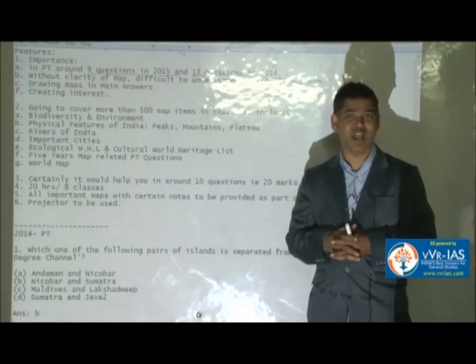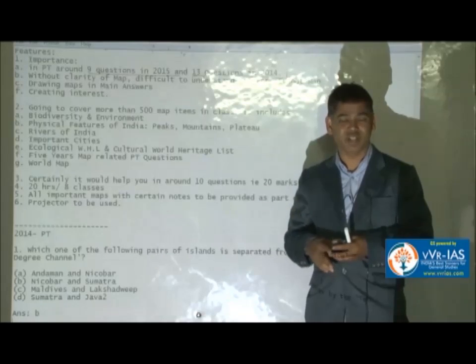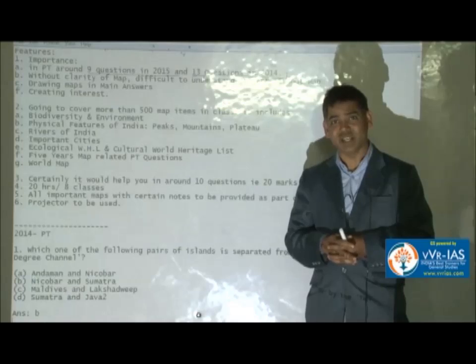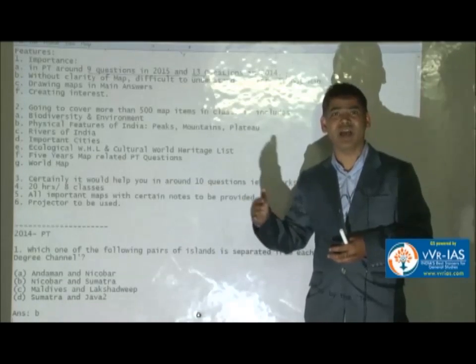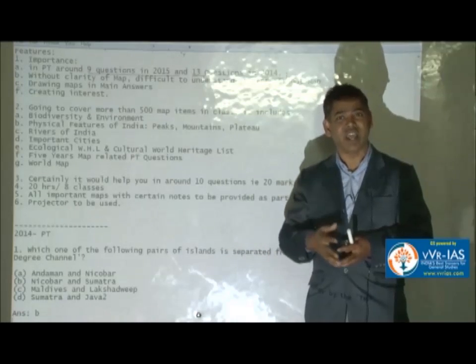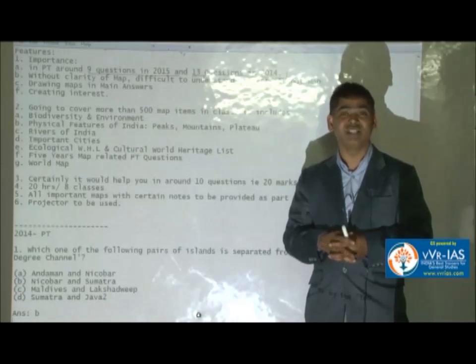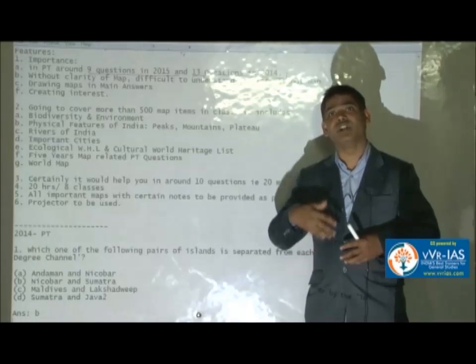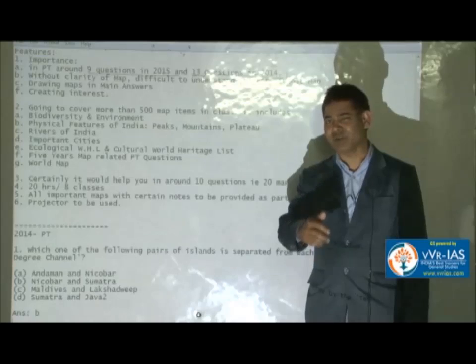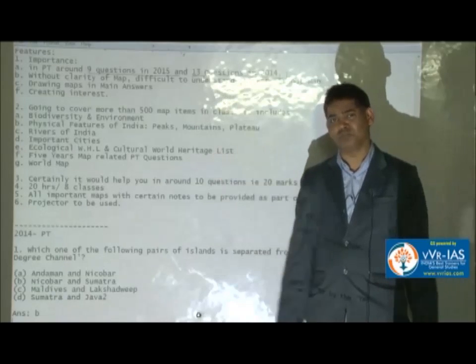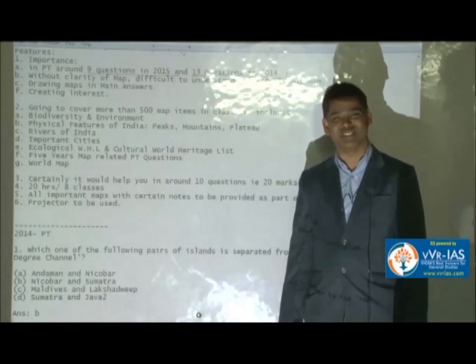Let us say you have to write 250 words on 2 pages in the main examination, then if you draw the map in the half page, and write the answer to that particular question in the remaining 1.5 pages, the number of words would reduce for you, and in this way easily and in a very effective manner you would be able to complete your question of the main examination.